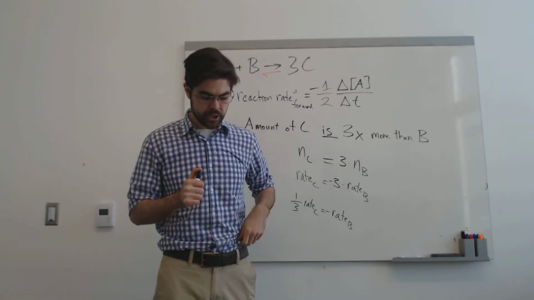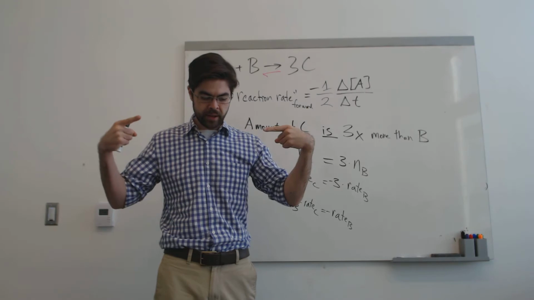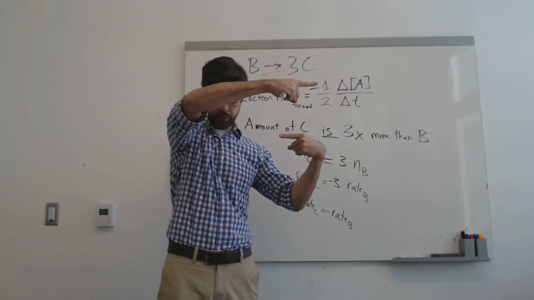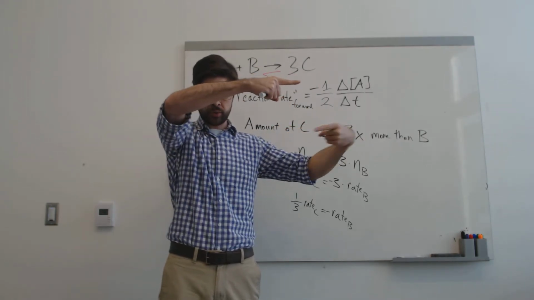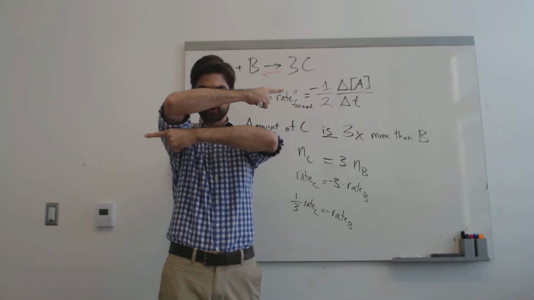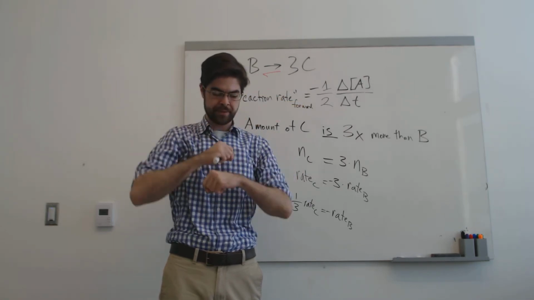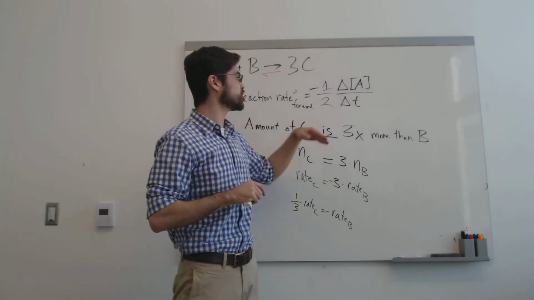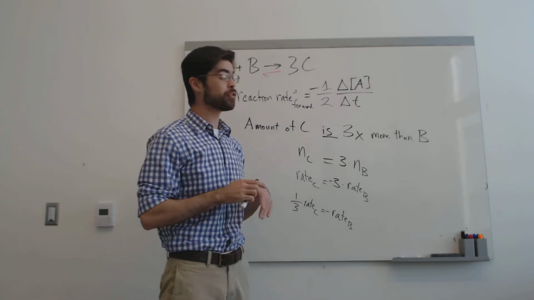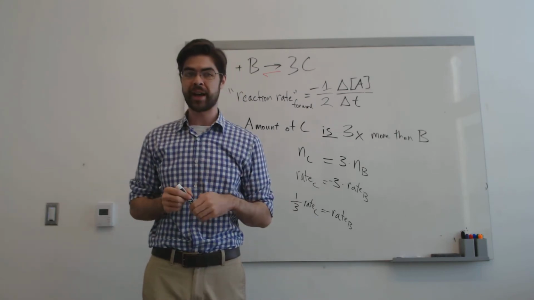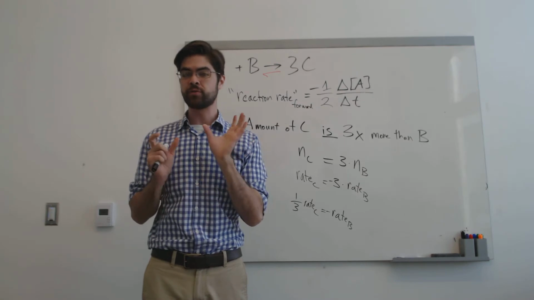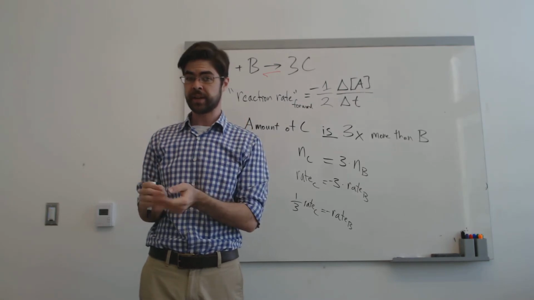So the point is that equilibrium occurs when the forward reaction rate is equal to the backwards reaction rate. Those should both be equal and have the same sign. Here's how you can recognize that they are distinct entities.